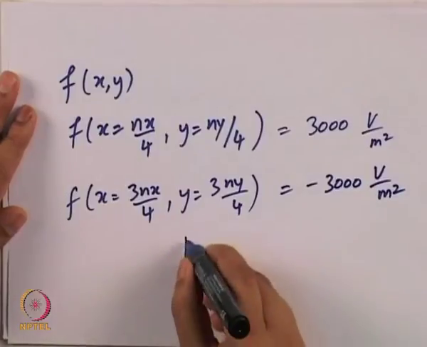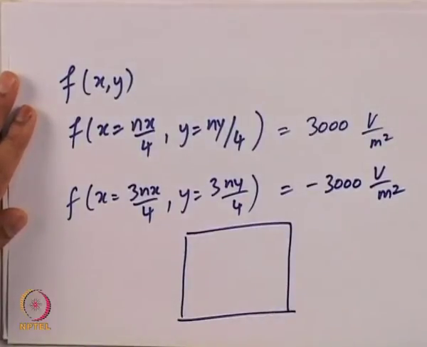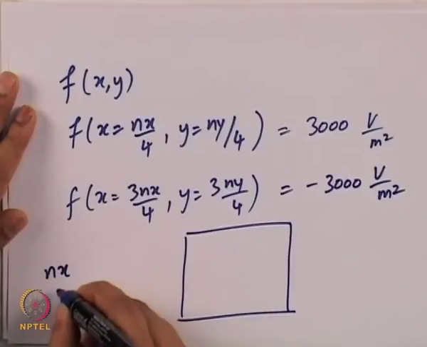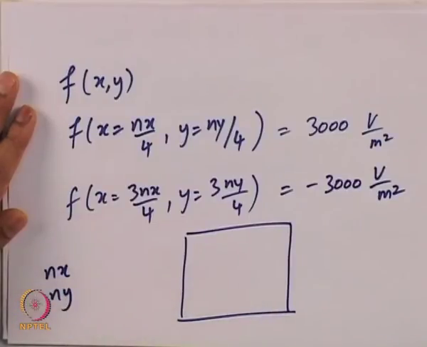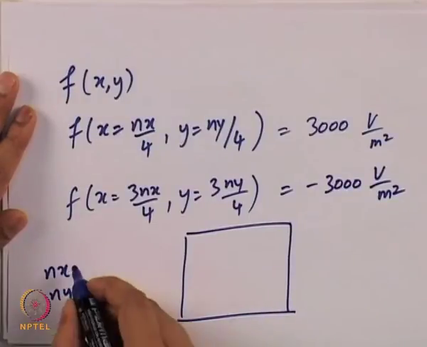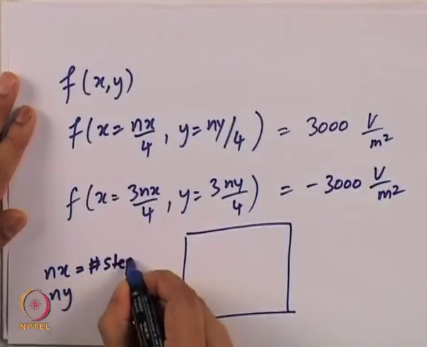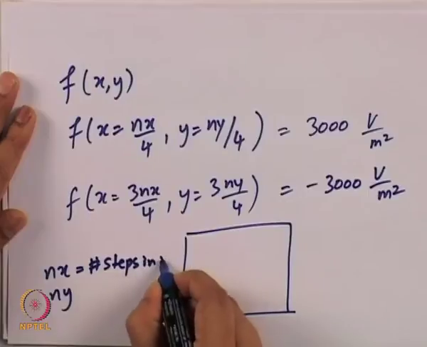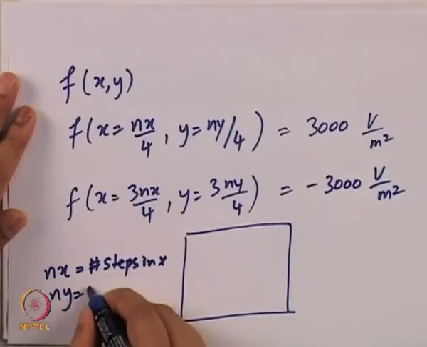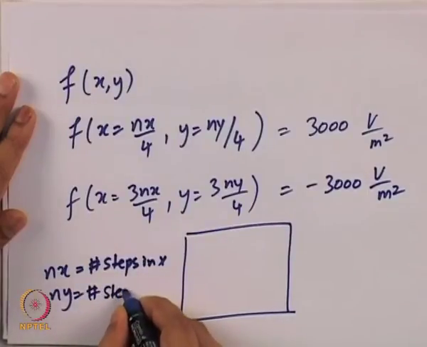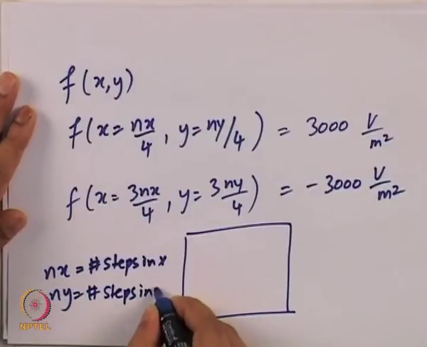If you look at your domain, nx and ny are going to be the number of steps in x and the number of steps in y.